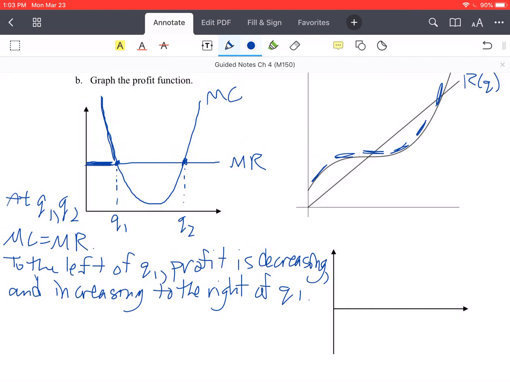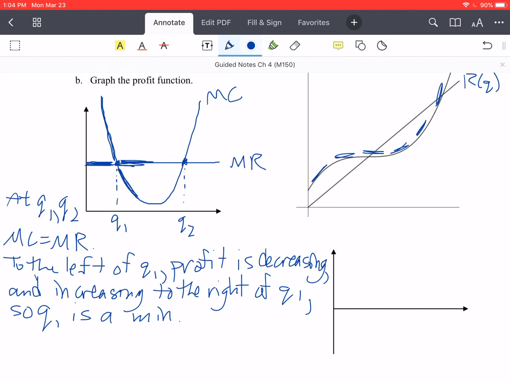But once we get past Q1, now all of a sudden marginal revenue is greater than marginal cost. So that means that profit is now increasing. So we went from decreasing to increasing. Okay. So Q1 is a min. It's a minimum value.